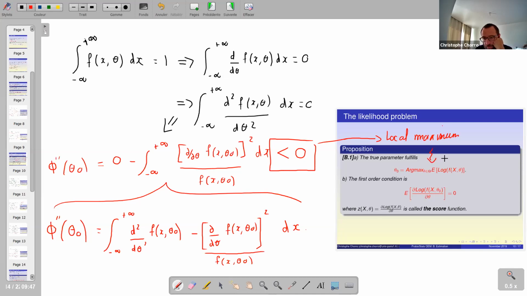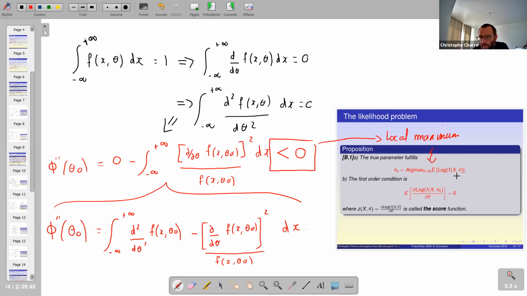And so you have, at the very least from the local point of view, the fact that your true parameter fulfills the maximization program. It's the one that maximizes this quantity.